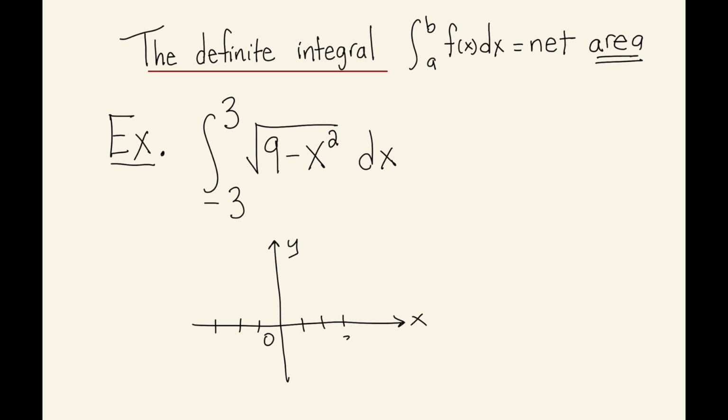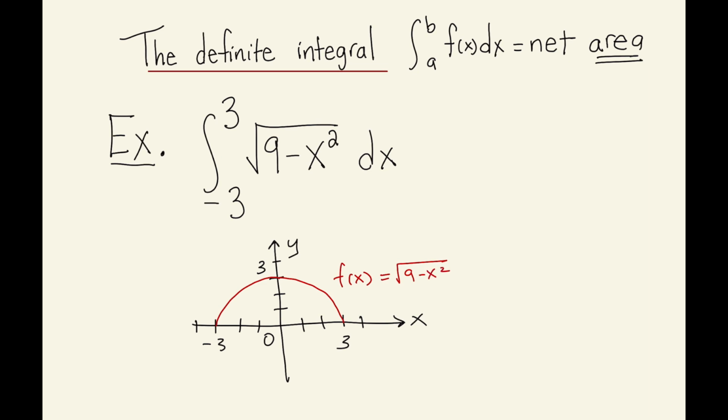Some of you might recognize this as the top half of a circle with radius 3. So my graph is going to look something like this. And it's the top half of a circle, so this is f of x equal to √(9 minus x squared).